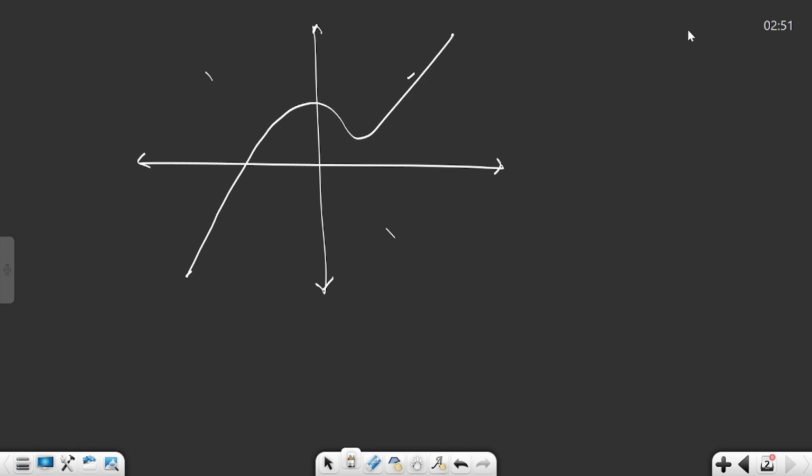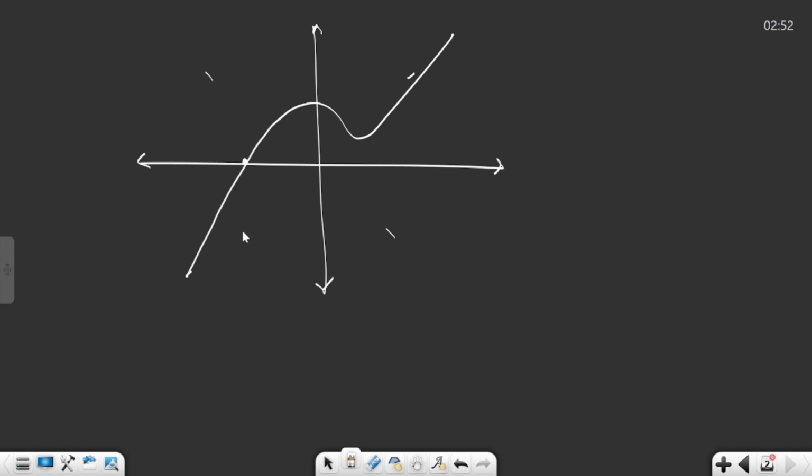So any odd degree equation must have one real solution, because the number of times the graph cuts the x-axis is called the number of real solutions. So any odd degree equation must cut the x-axis at least one time. The graph is telling that.